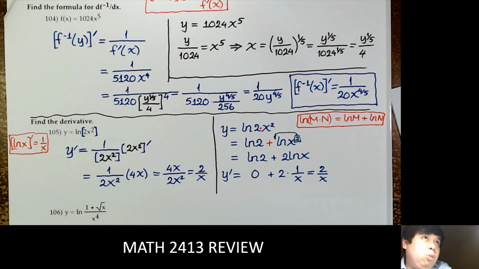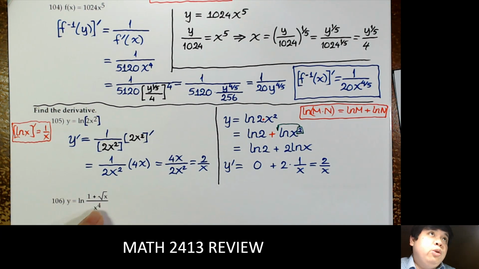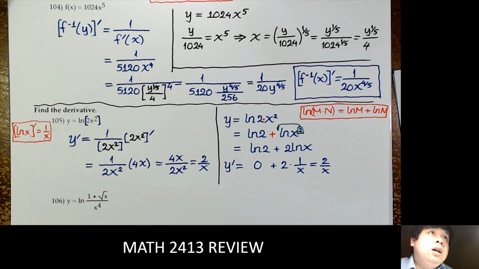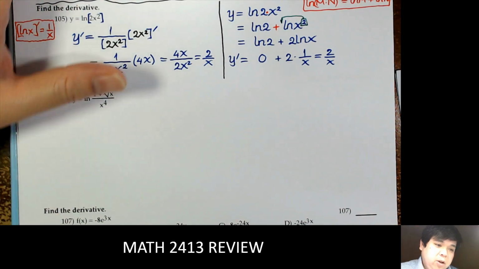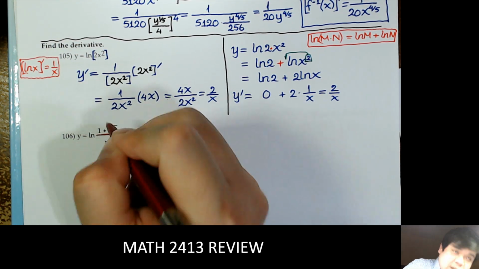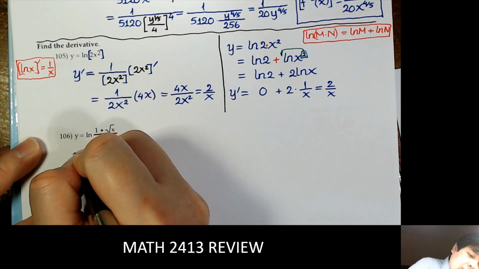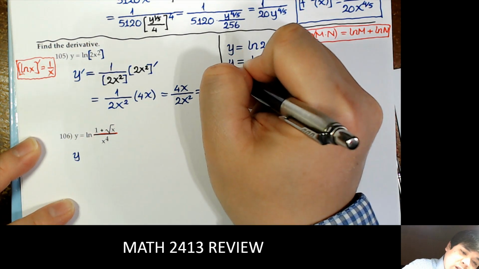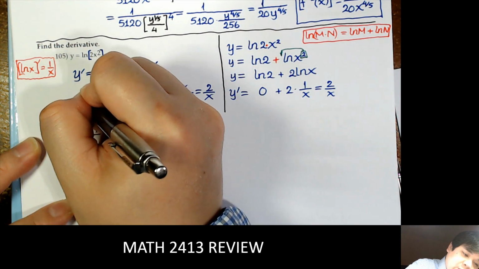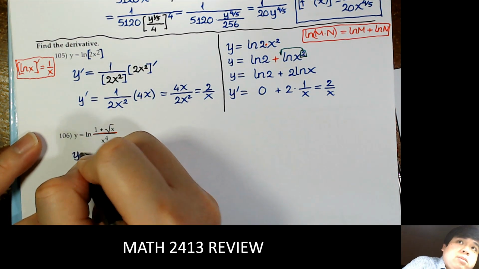For the next problem, I want to take advantage of the properties of the log, because using the quotient rule for this could be unnecessary. So first, there is a quotient, and we'll turn that into a difference. Say this is dy, this is the derivative.